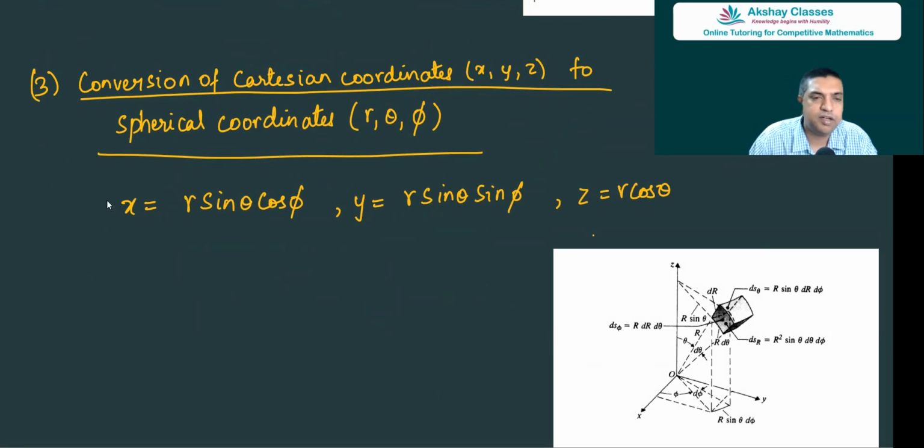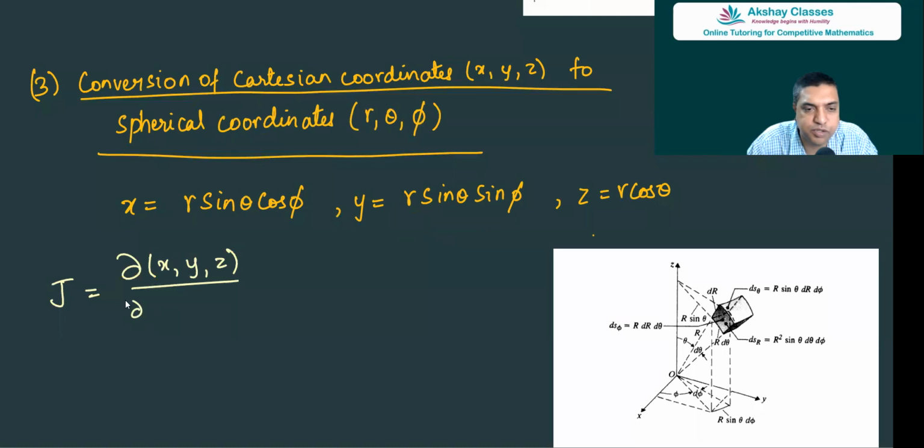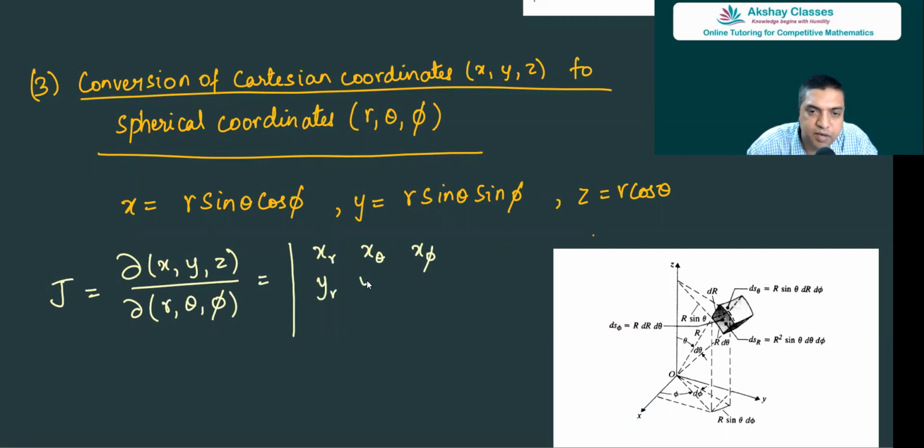But for our conversion, we just use the Jacobian, which is tau x, y, z with respect to r, theta, phi as the coordinates. So we can just do this derivative. This is derivative of x with respect to r, derivative of x with respect to theta, derivative of x with respect to phi, y r, y theta, y phi, z r, z theta, z phi.